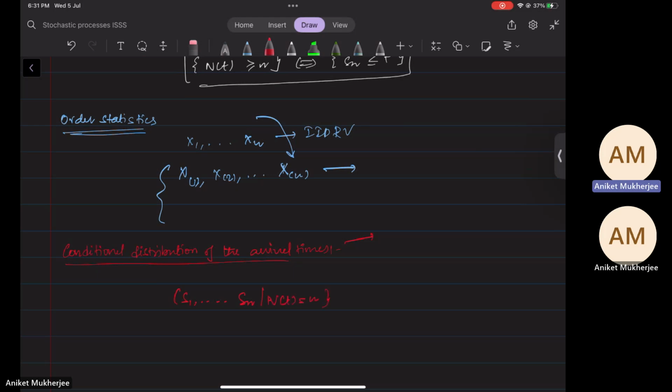So given that in a time interval you know that n events have happened, we found the joint distribution of the arrival times of those events. This was the same as the distribution of the order statistics of uniformly distributed random variables in the interval 0 to t.